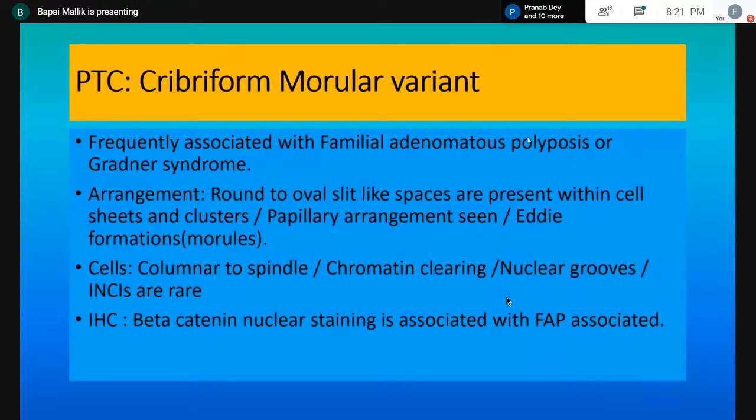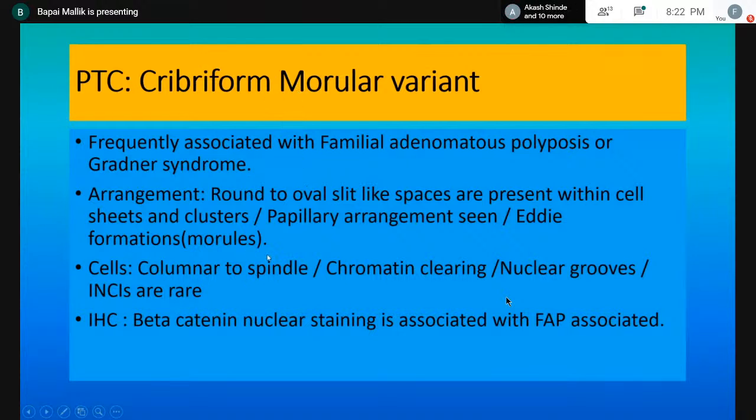The arrangement is round to oval slit-like spaces present within cell sheets and clusters. Papillary arrangements are seen, and there are eddy formations and morules. So this is one of the key diagnostic features. I'm going to show you a picture of that. Morules or eddy formations. If you see those things in a papillary thyroid carcinoma otherwise, this might be the variant that you're talking about.